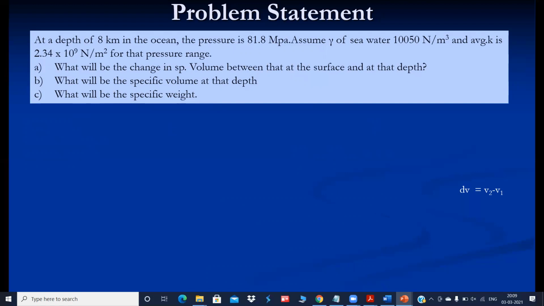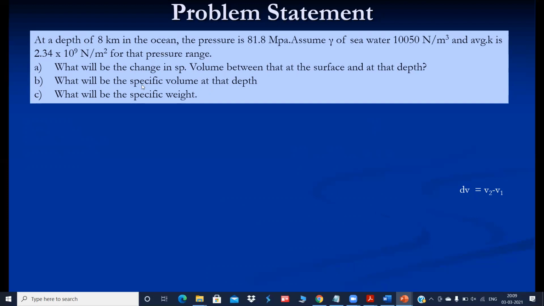At a depth of 8 kilometers, the value of dp is given as 81.8, the value of gamma is given, and the average K value is given. So what should be the specific volume? In order to calculate the change in specific volume, you can use the expression in terms of volume.